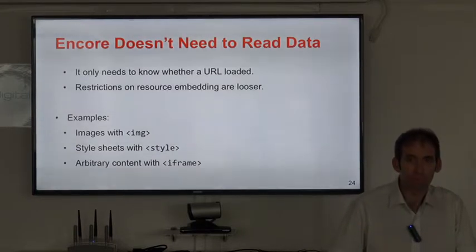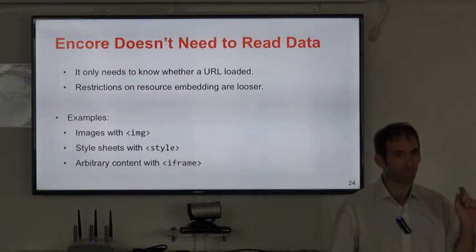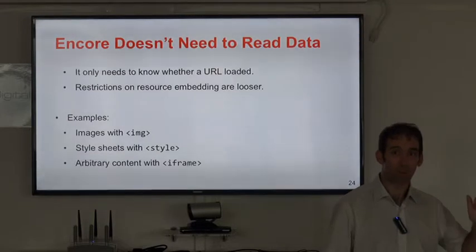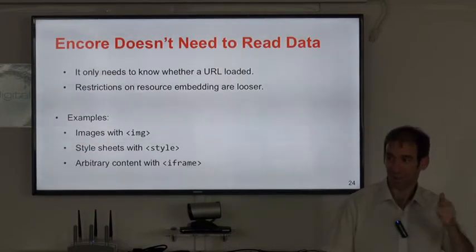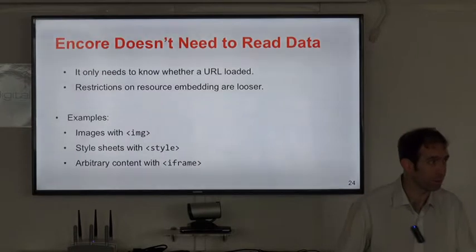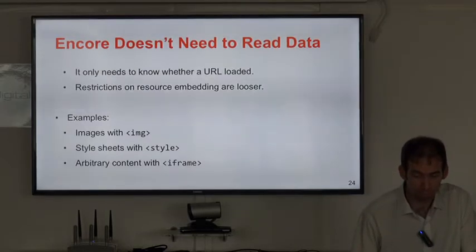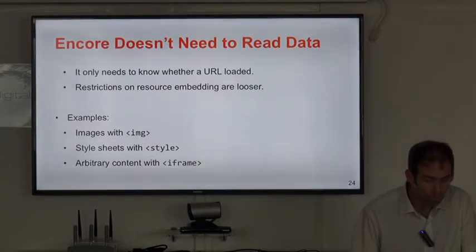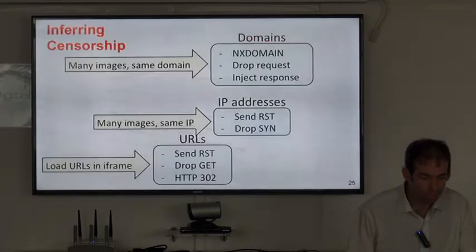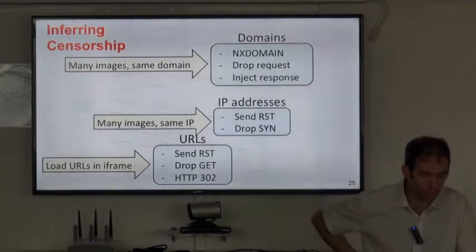And if that object load succeeds, we can get the browser to tell us through that callback. So based on the outcome of that callback, we know whether or not the load succeeded or failed.